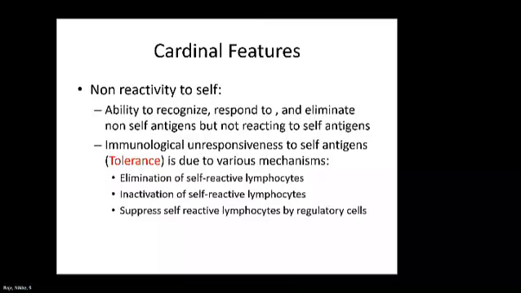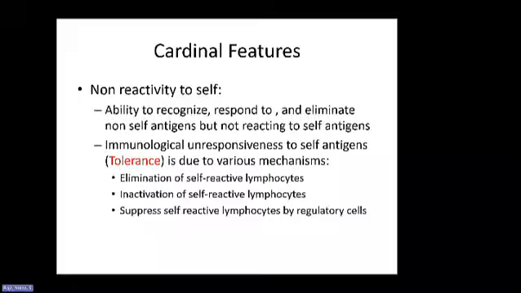All right. Next feature is non-reactivity to self. So this is the ability to recognize, respond to, and eliminate non-self antigens, but then not react to the self antigens. The immunological unresponsiveness to self antigens is due to various mechanisms, and it is called tolerance. So the immune system becomes tolerant to self antigens.